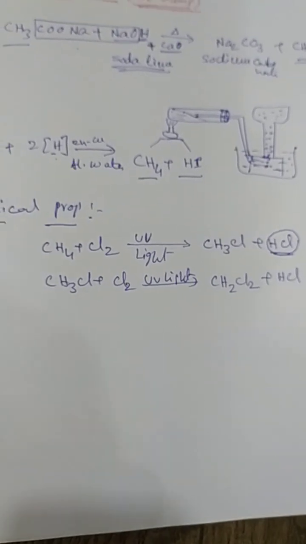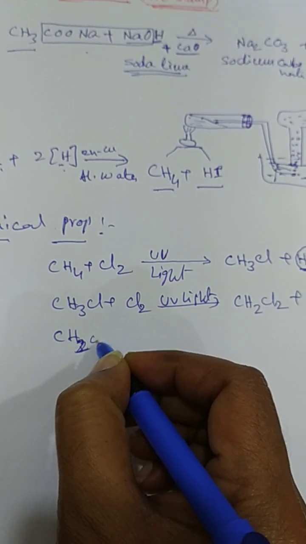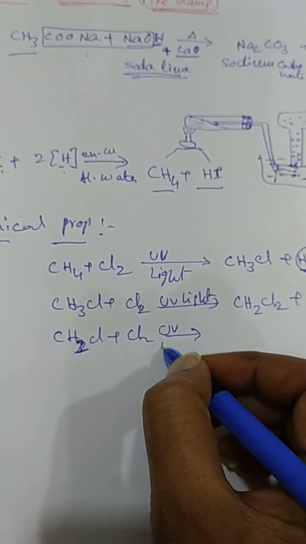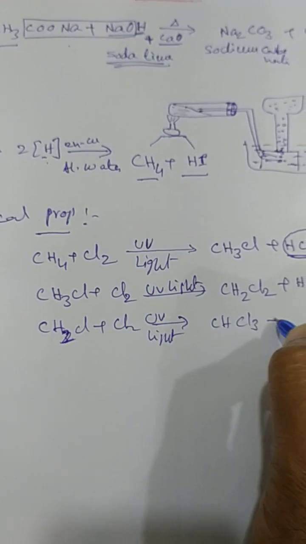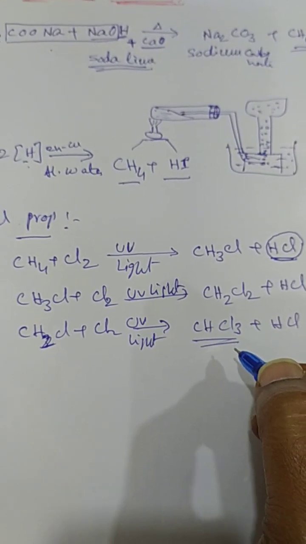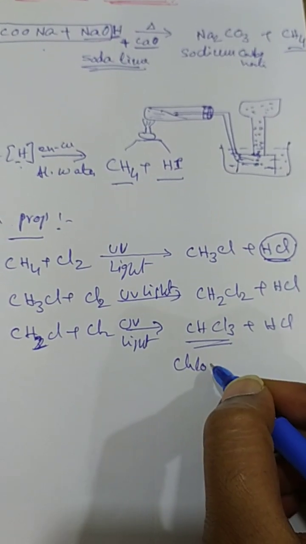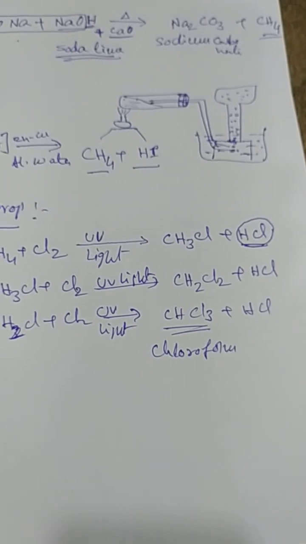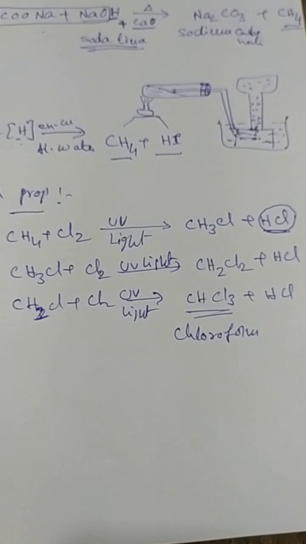Again this compound reacts with Cl2 in UV light and forms CHCl3 plus HCl. This is called chloroform. CHCl3 is chloroform. It also forms chloroform. This is one of the reasons.